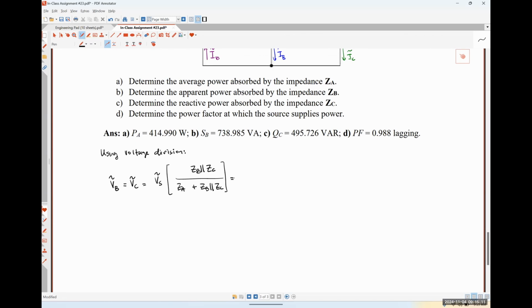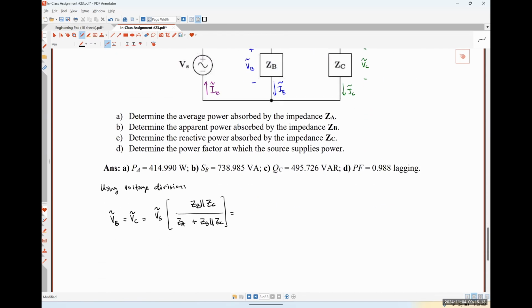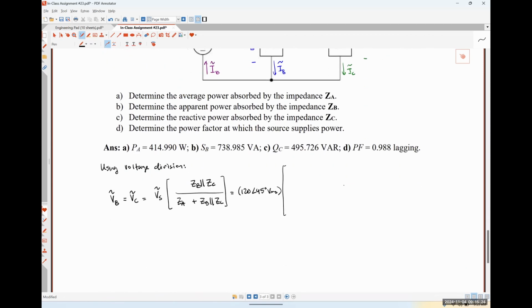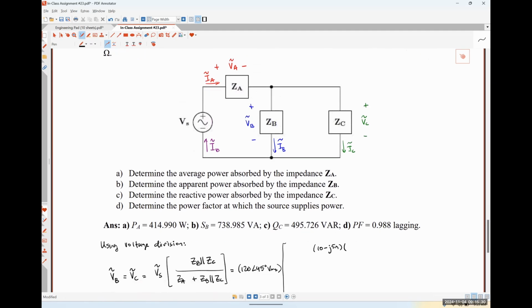So that would be, let's see, VS was 120 angle 45 degrees volts RMS. ZB was 10 minus J5. ZC was 8 plus J6.